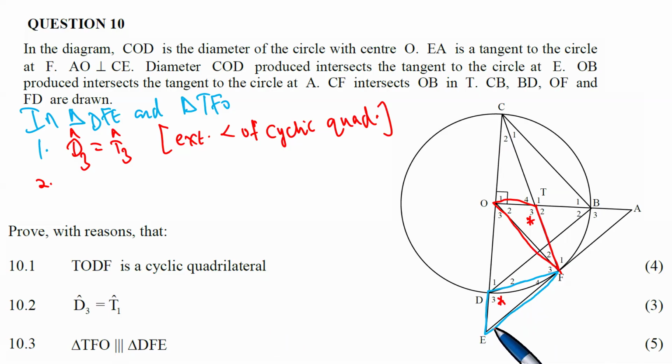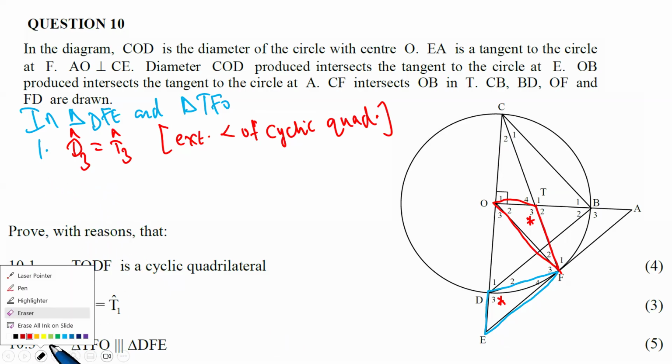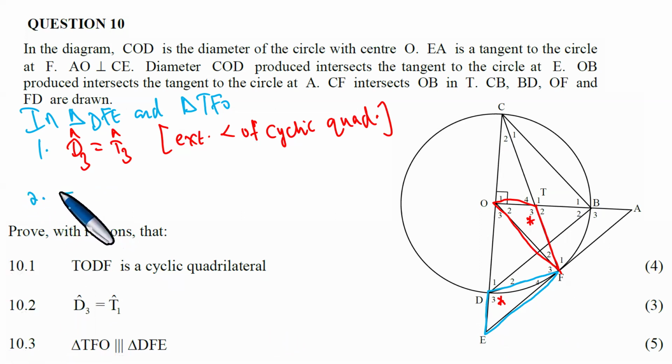So we just need another angle that is going to work here. So it is clear that the angle F4, let's use the blue color, the angle F4, which is this one, is actually exactly equal to the angle C2. F4 is equal to C2.